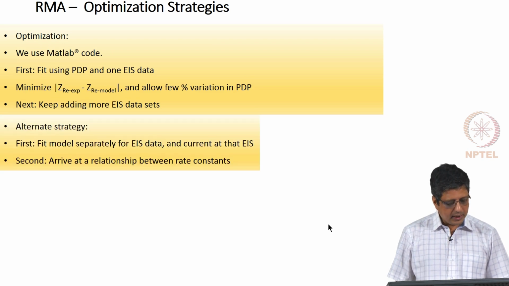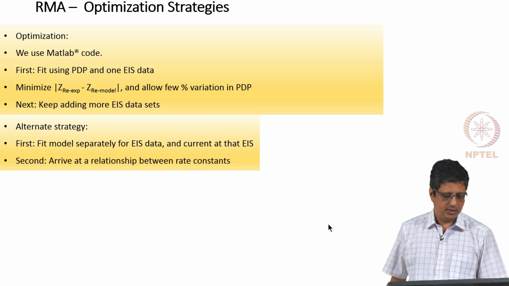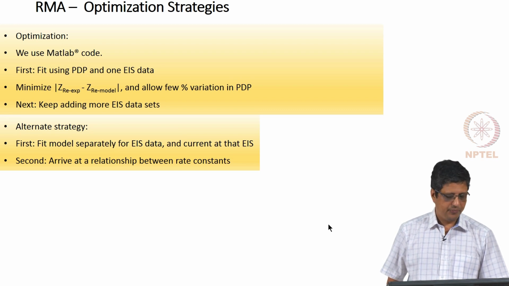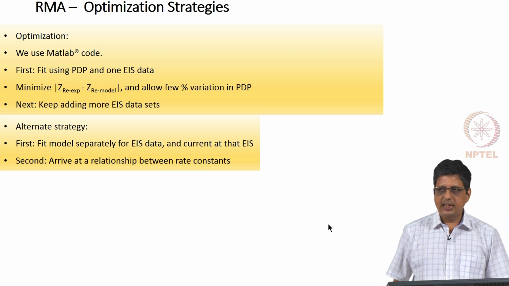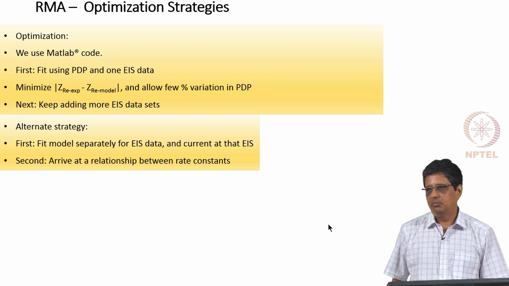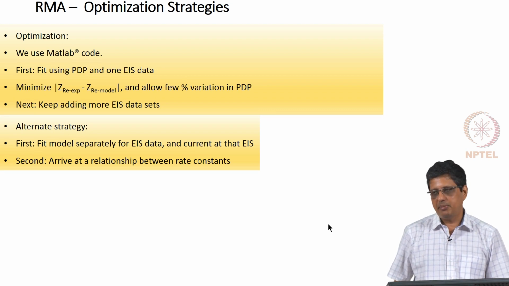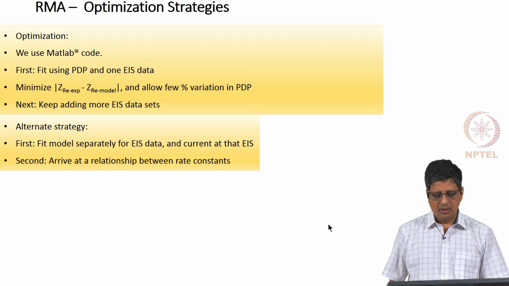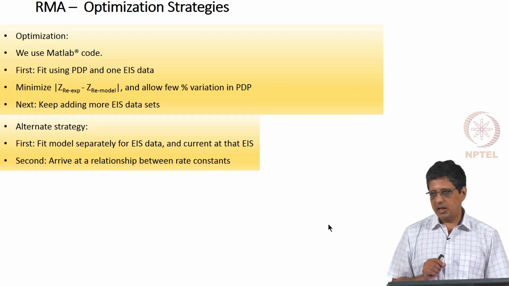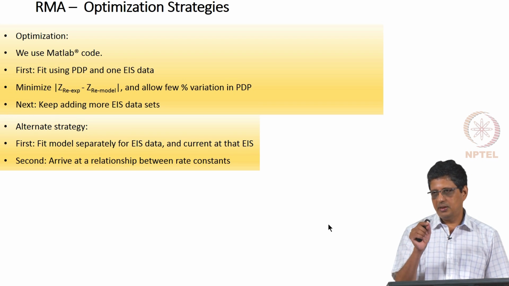Another strategy, which people have used and published: for each EIS data they would get a parameter set, and find a current value at that DC potential for those parameters.